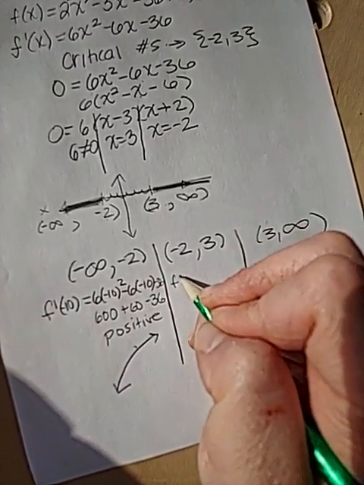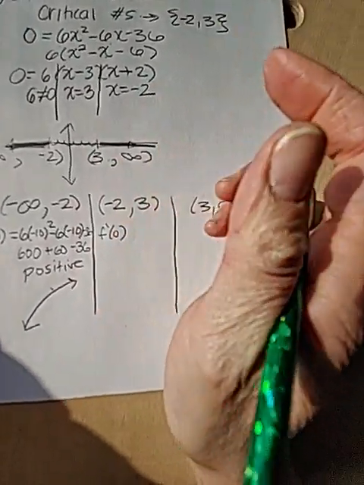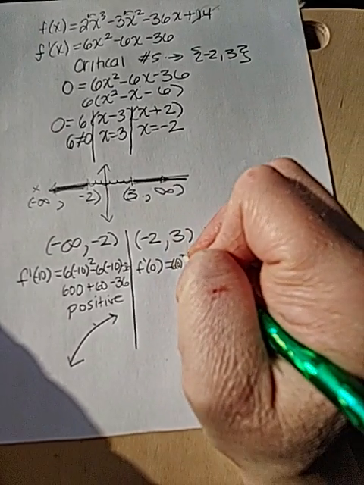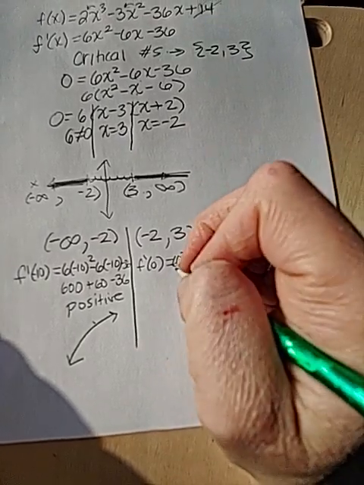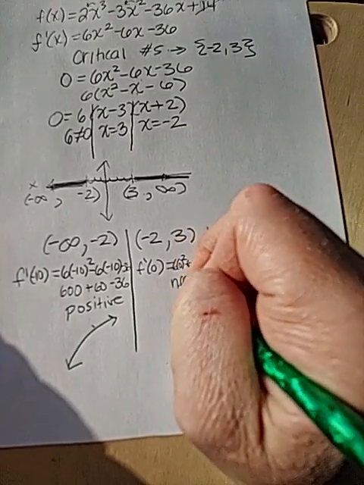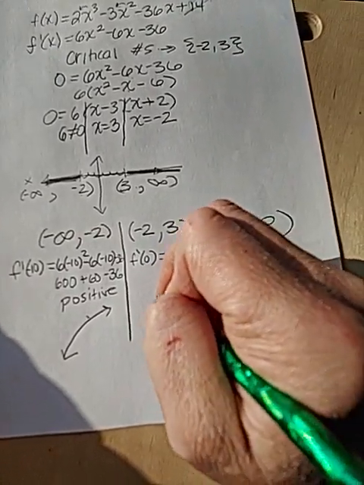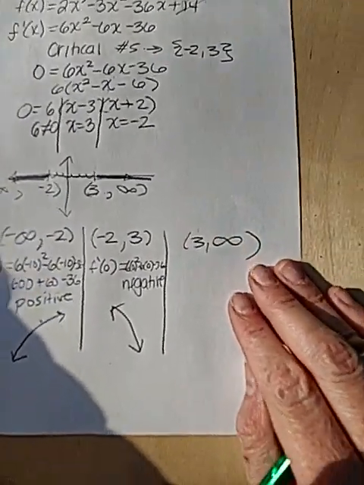All right, now I'll pick a number in this interval, negative 2 to 3. An easy number to use is 0. This whole thing becomes a negative value. That's all that I care about, because then I know on that interval, the function is decreasing because the slope is negative.